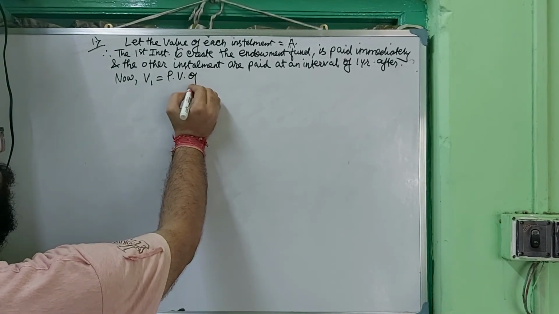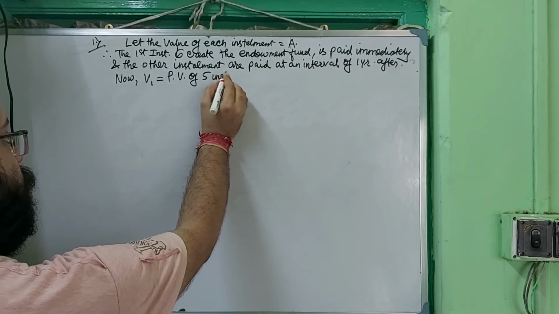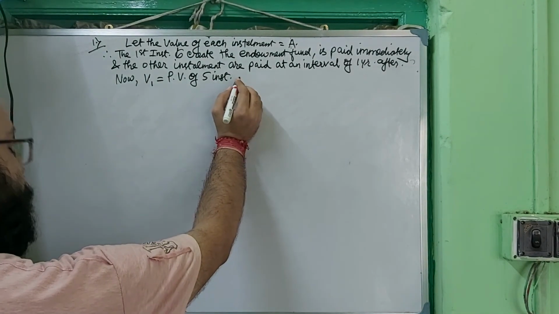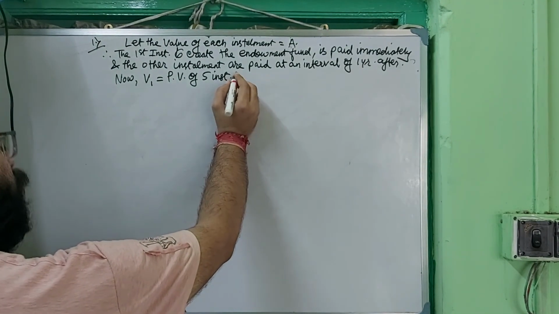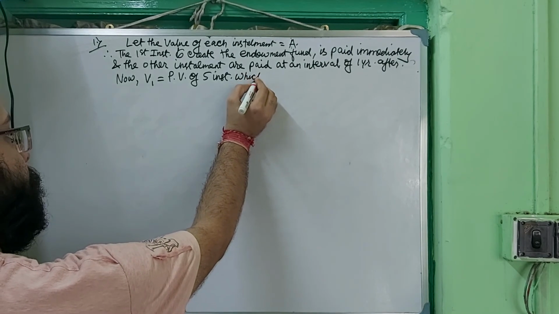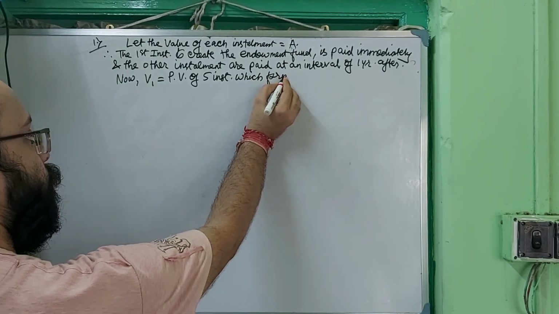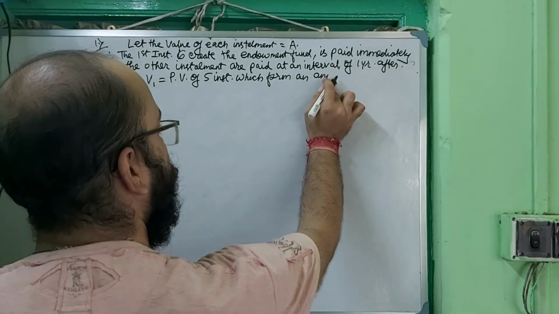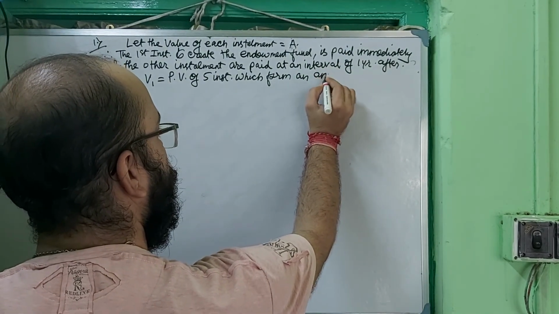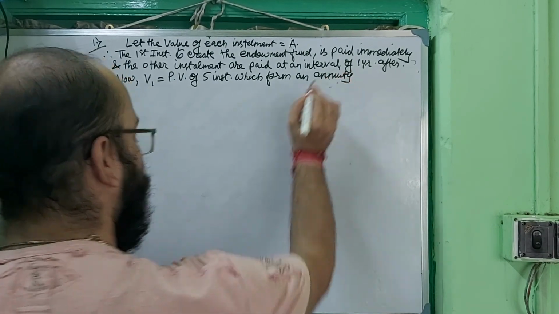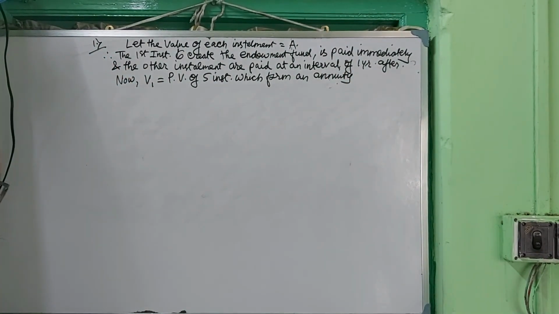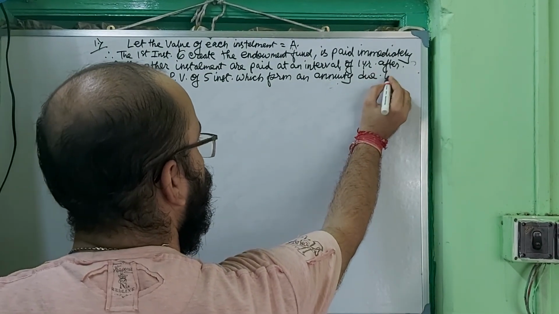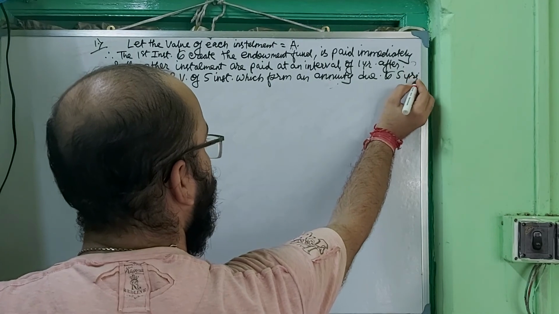I am writing in short. Present value of 5 installments which form an annuity due to 5 years. Obviously 5 years.